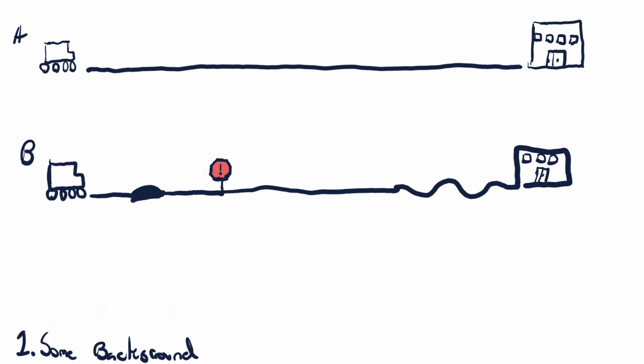So to describe some background, I've given two different scenarios here for us to look at. You have truck A and you have truck B. And both these trucks are trying to deliver their cargo to the factory at the end of the road. I want you to ask yourself, which truck is going to get to the factory sooner? A or B?